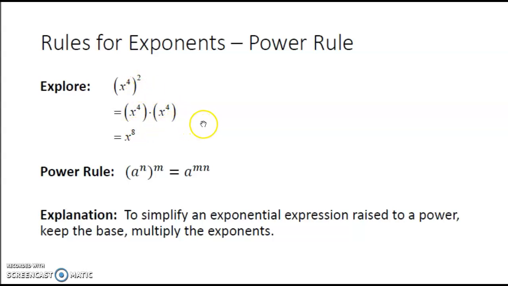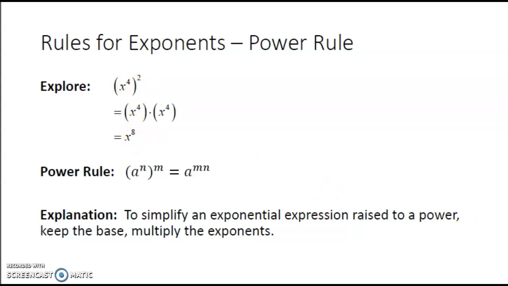But now I can apply the product rule that we had seen before that tells us that if we are multiplying with the same base, we can add the exponents together. So if I keep that base x and add the exponents 4 plus 4, I end up with 8. Now as a shortcut, going from the original expression down to x to the 8th, we might notice that all we would have to do is multiply the exponents by each other. 4 times 2 gives us 8.